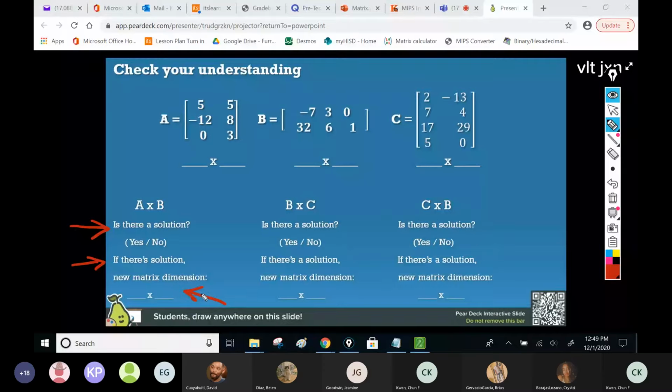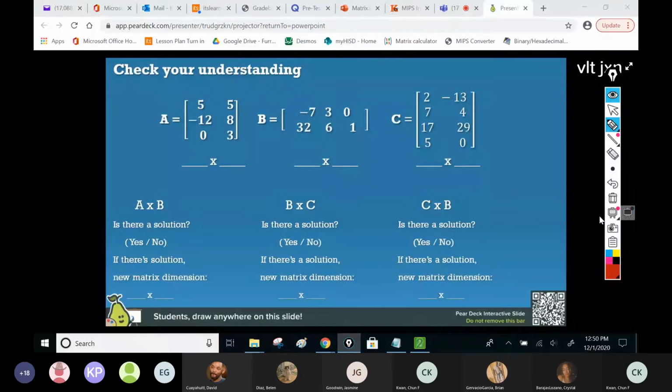Then do the same for B times C and also C times B. You have to be very careful: B times C and C times B are similar but very different. The order matters.